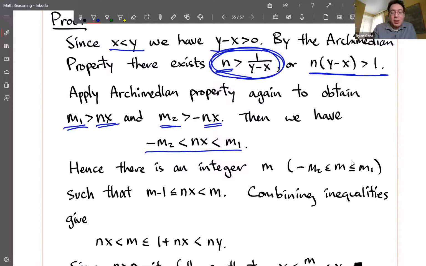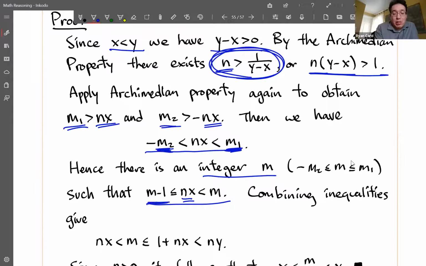Okay, so if these two are integers, as you go from m2, counting one by one towards m1, at some point you're going to cross this number nx, right? So there's an integer m such that nx is between m minus 1 and m.